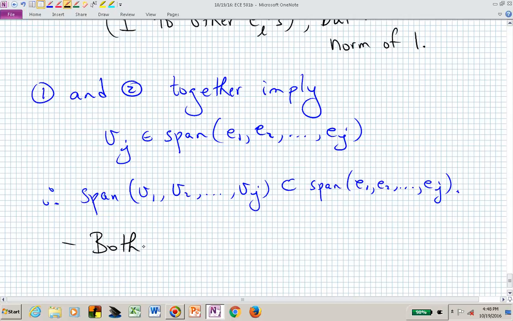We started with V1 through V sub j being linearly independent. The E's are linearly independent.